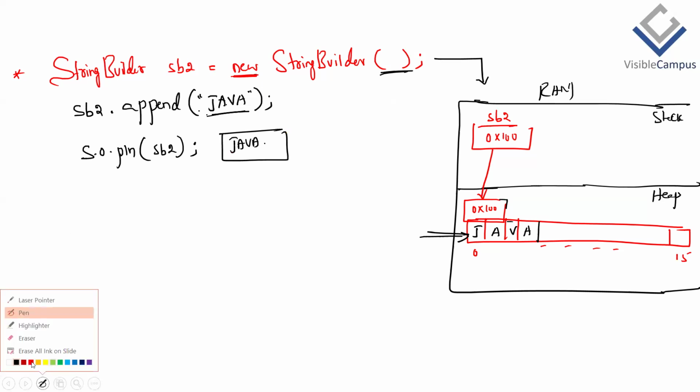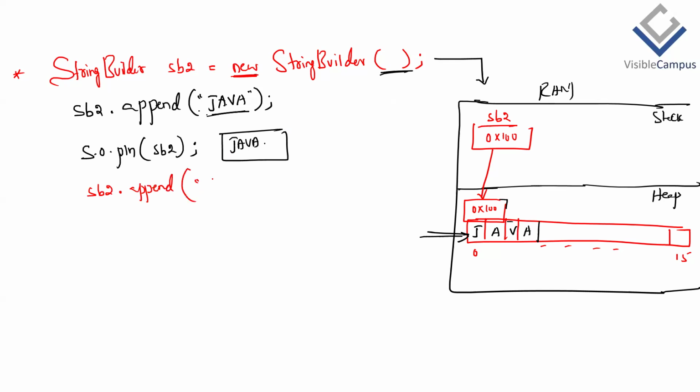Then after this again, let us append SB2 dot append method. This time I'll add Python to this. Now when JVM executes this line of code, what will happen? First JVM goes to the SB2 memory location. So it has an address, then it goes to the address location.